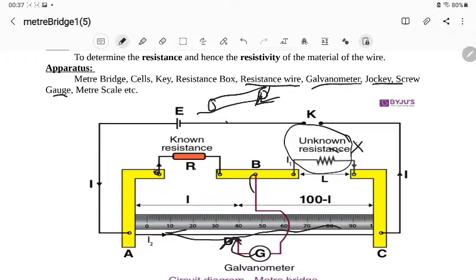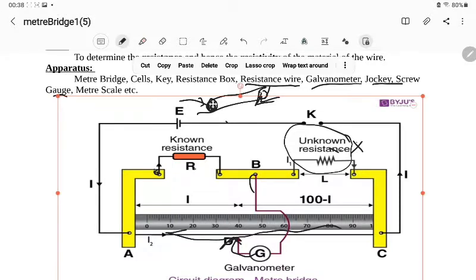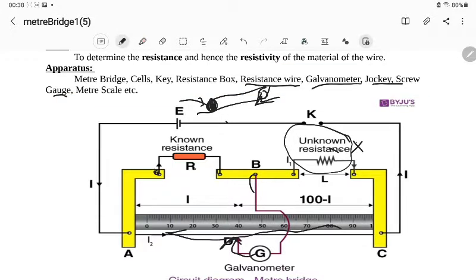So we have to find the resistivity. So in order to find resistivity, we have to find the area of the wire, right? This wire, right? Area of the wire. So in order to find the area, we need to know the radius of the wire. Because this is a circle, right? So area of the circle is pi r square.